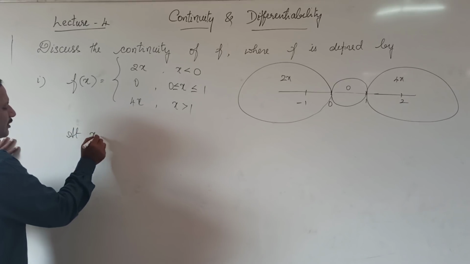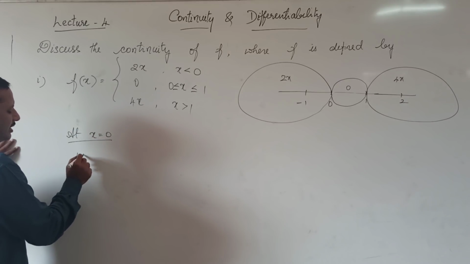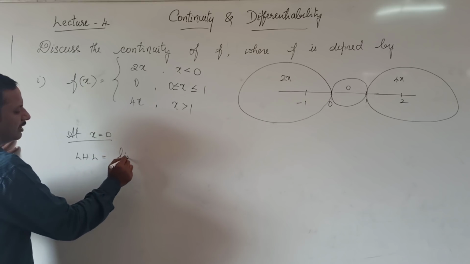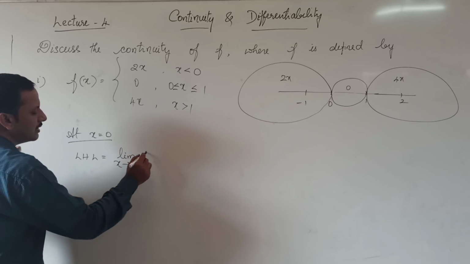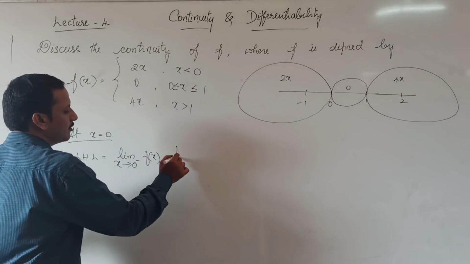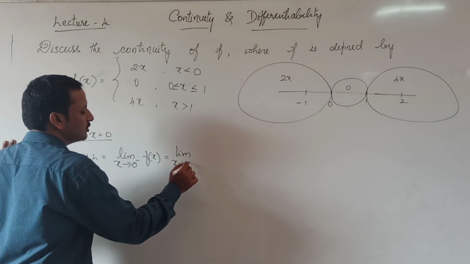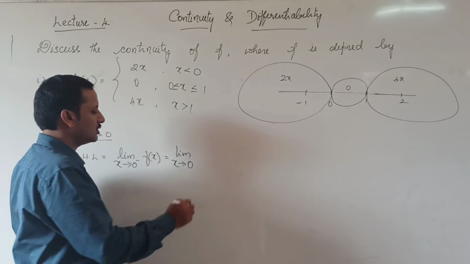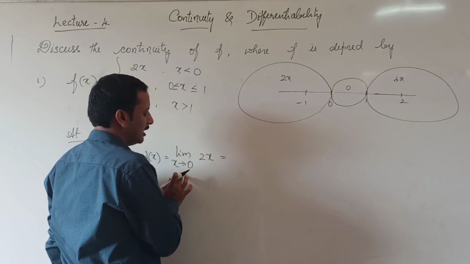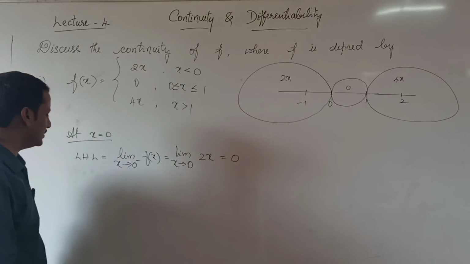At x equal to 0, let us do one thing. Left hand limit, limit x tends to 0 minus f of x. When x approaches 0 from left side, function is defined as 2x. Apply limit 2 into 0, that will give you 0.